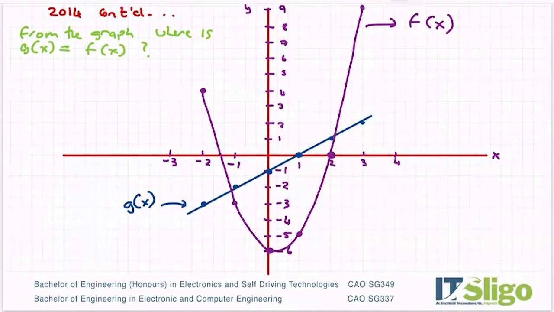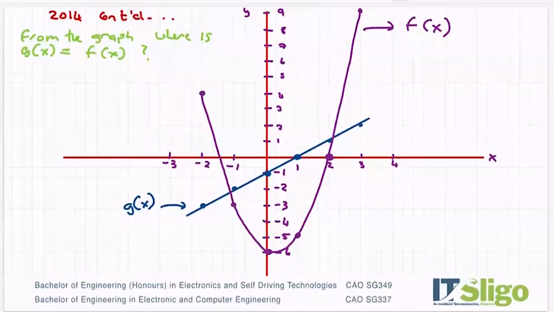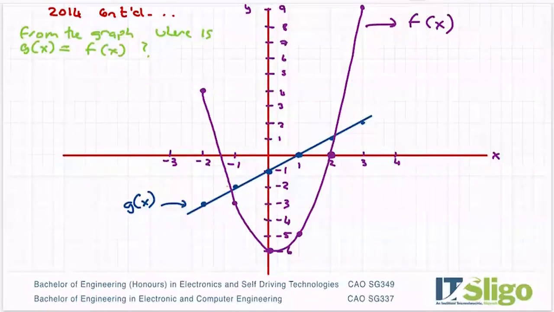And that is maths language for where do the two lines intersect? Where are they equal to each other? Okay, so it's here. And it's here. So you write down as best you can those coordinates, so (-1, -2) type thing.